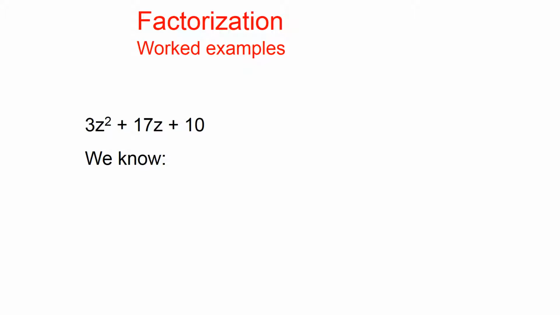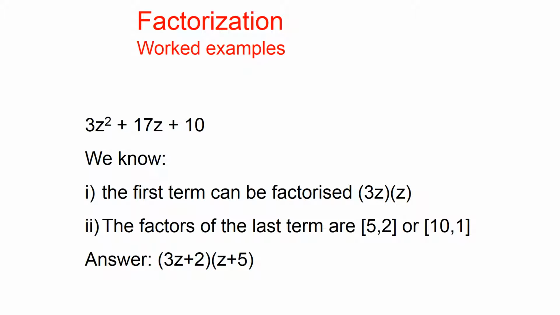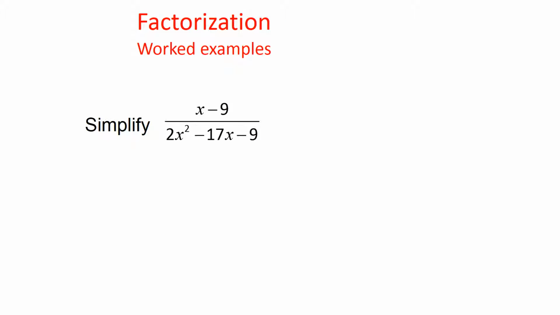Then we can start to simplify that together again. So this z term and that z term can be added together to give us 3z squared plus 17z plus 10. So that's the process we go through. We ended up with 3z plus 2 times z plus 5, and then you could solve each one of those in turn.